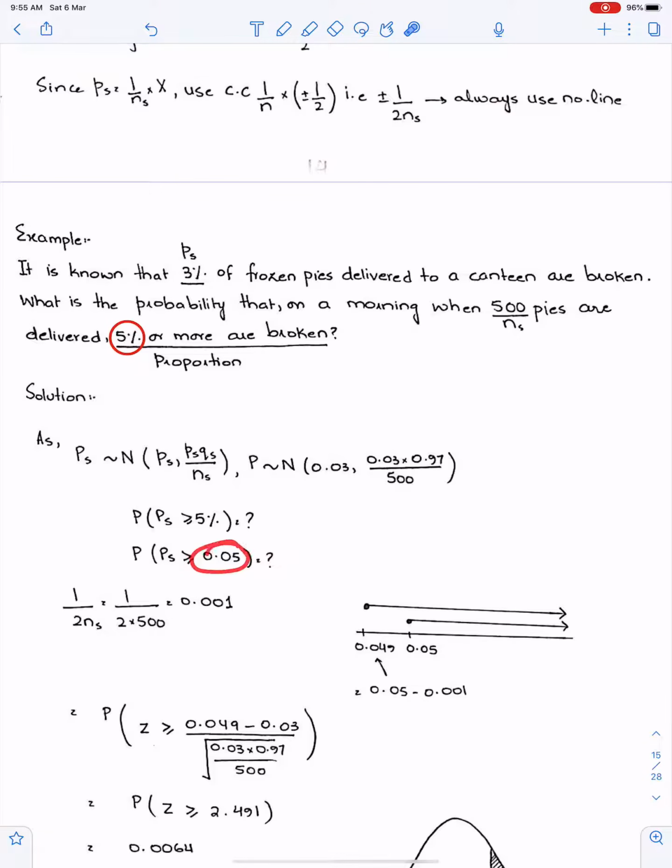So write this number here and then do this continuity correction. This formula is here, 1 upon 2 ns. You know, when we go on the right side, we subtract this number from this number. This is the normal approximation. So you just need to subtract 0.001 from 0.05. When you do this subtraction, you'll get 0.049.